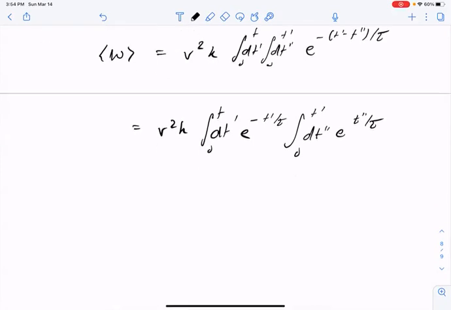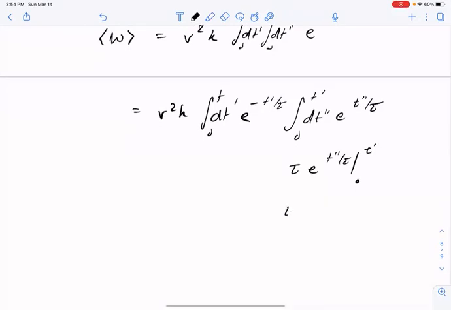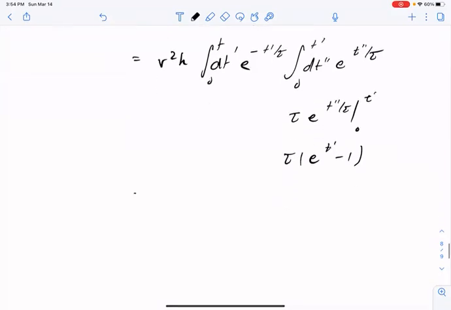And it gives me tau e to the t double prime over tau, evaluated at 0 and t prime, which is tau times e to the t prime over tau less 1, v squared k integral 0 to t prime.